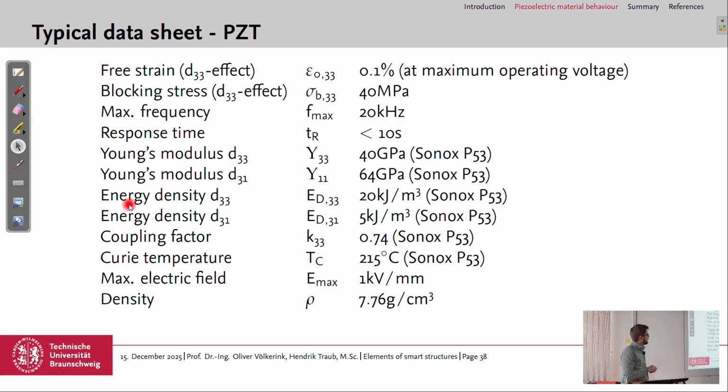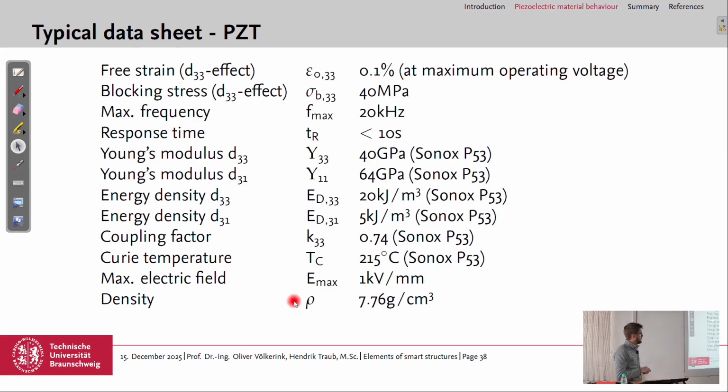The energy density is different between the two effects. The coupling factor is 0.74 in this case, so not the 0.9 we have for a single crystal, but with this polycrystal we can achieve coupling factors up to 0.74. The Curie temperature is 250 degrees, so this is the maximum temperature at which we can operate the structure.